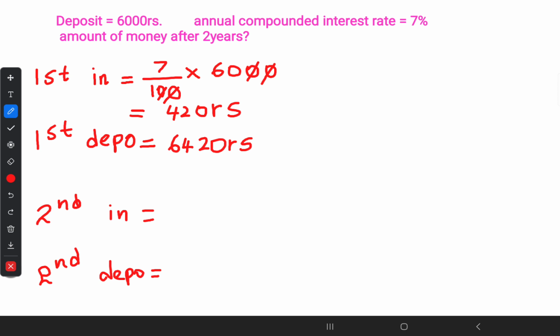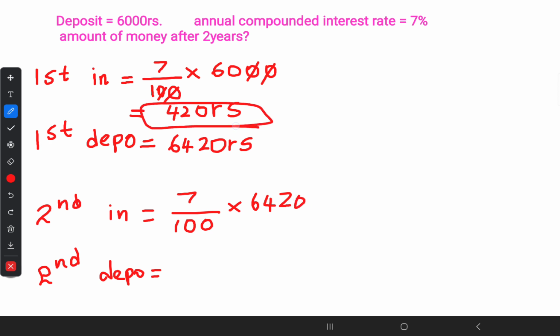Now let's find the second year interest. The interest percentage doesn't change. 7 over 100 times the amount after first year, 6,420. The investment plus first year interest both together will be calculated to find the interest for second year. 6,420. We can simplify them.